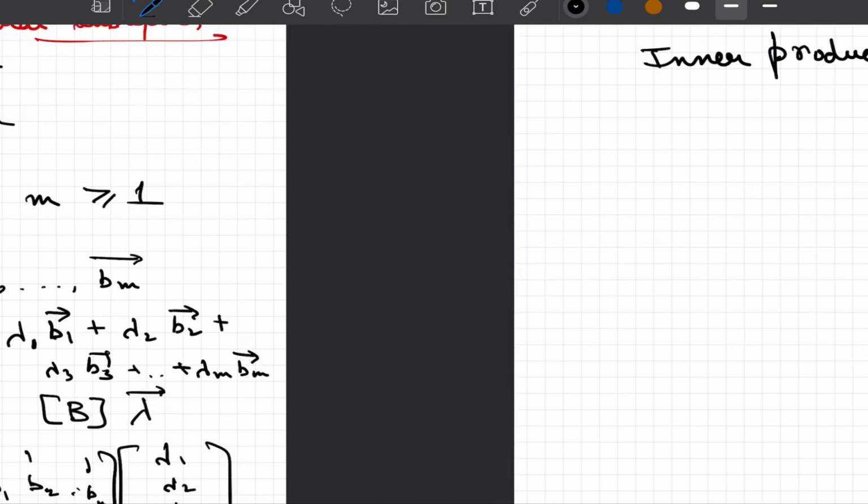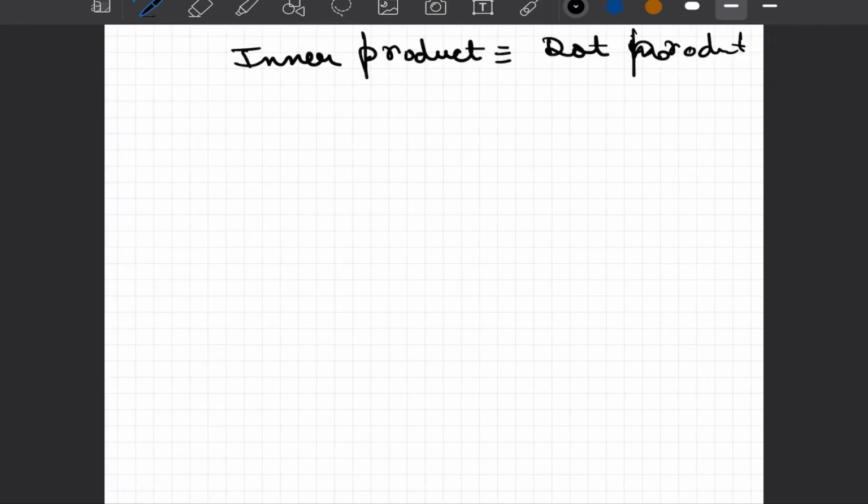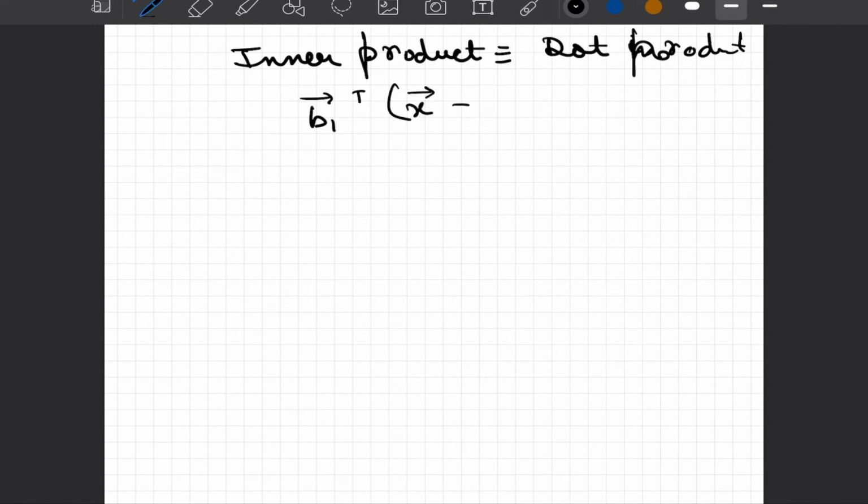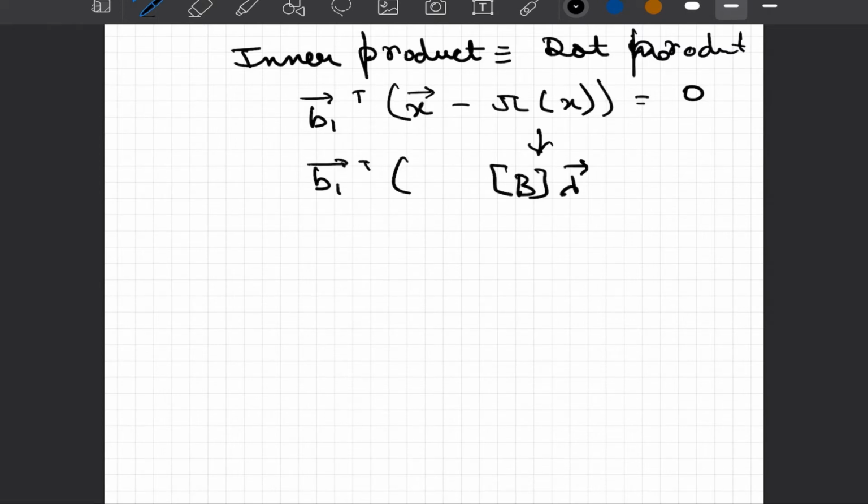We can always write this as the product of b1 transpose multiplied by x minus the projection of x onto the m-dimensional subspace, that has to be equal to 0. Also, we just saw that in compact form we can always write the projection as B lambda. Hence, substituting it here, we can write this as b1 transpose times x minus B lambda equal to 0.